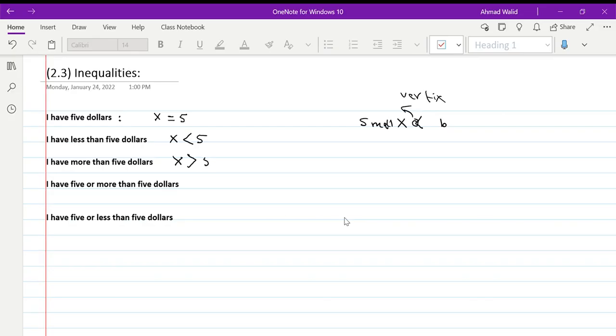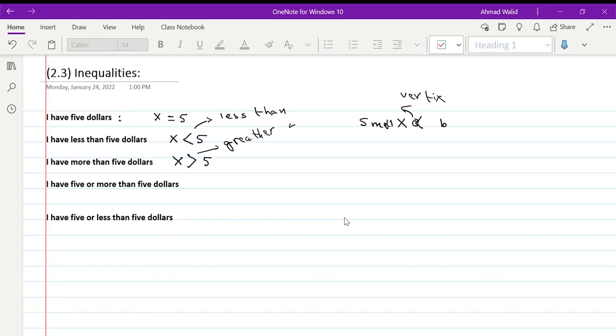X greater, I will read greater. Here, I'll read less than. Here, I will read greater than. Correct? I have greater than $5. I have more than $5.